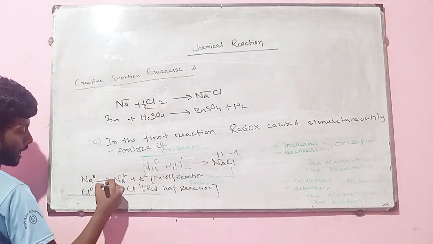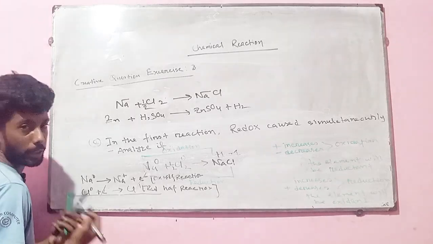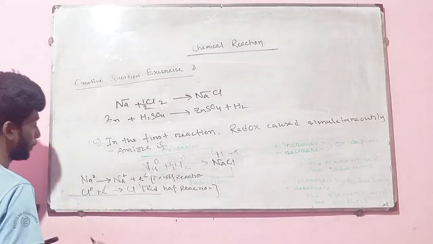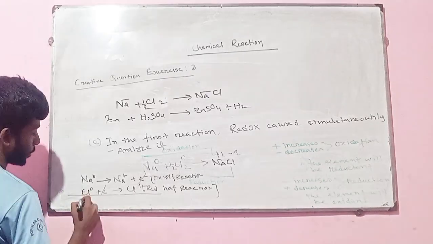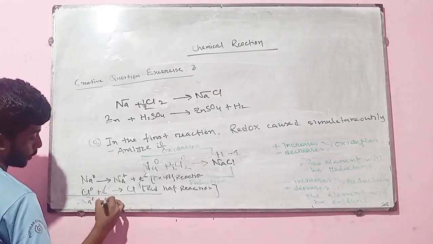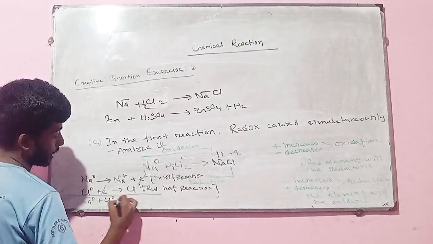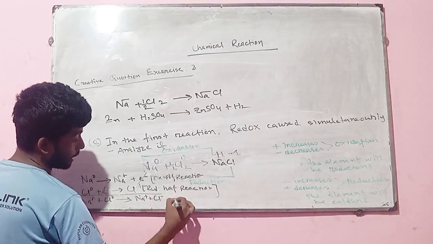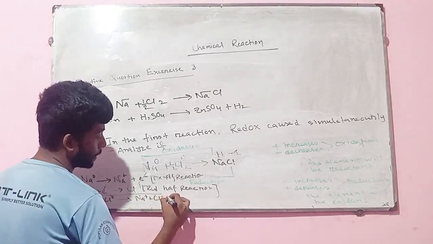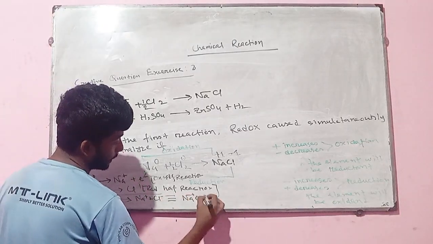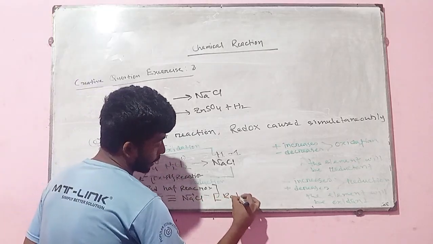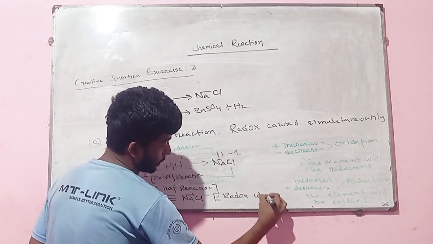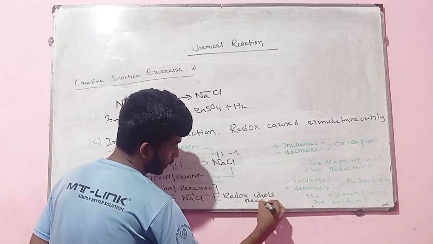Here sodium emits and chlorine receives, so the electron will be given and taken. That is why it is the same. Sodium 0 plus chlorine 0 turns into sodium plus chlorine minus, which is similar to sodium chloride. It is the whole reaction, or entire reaction, you can write.